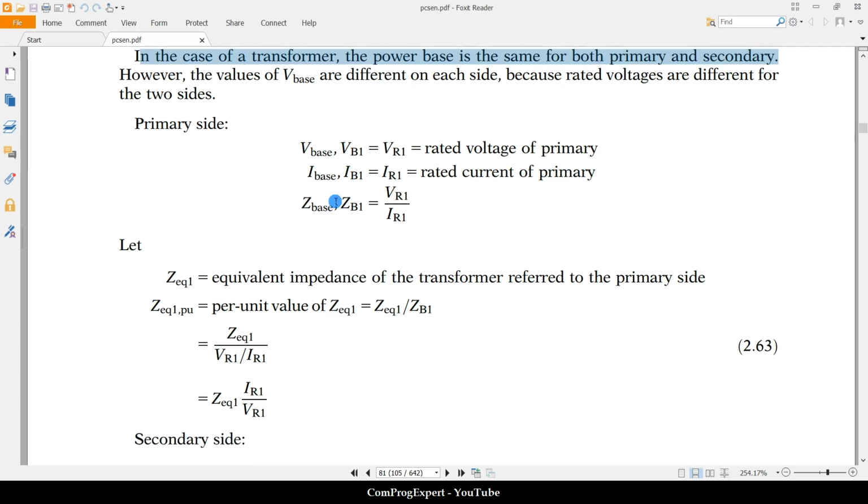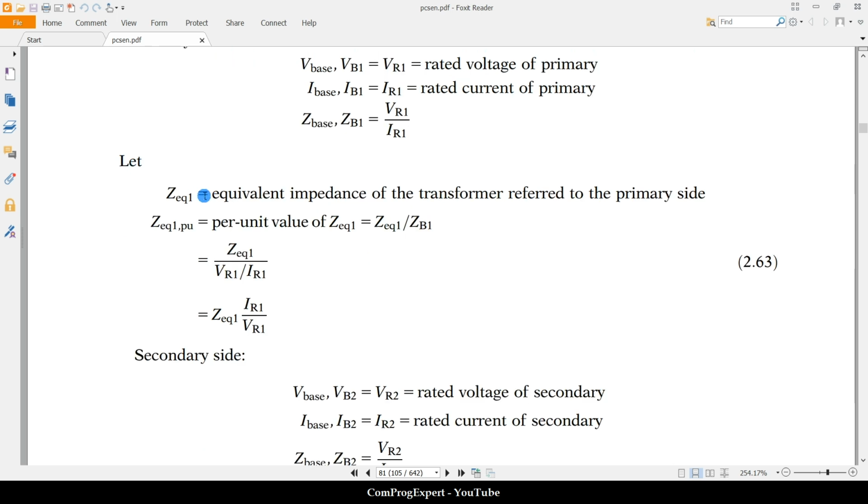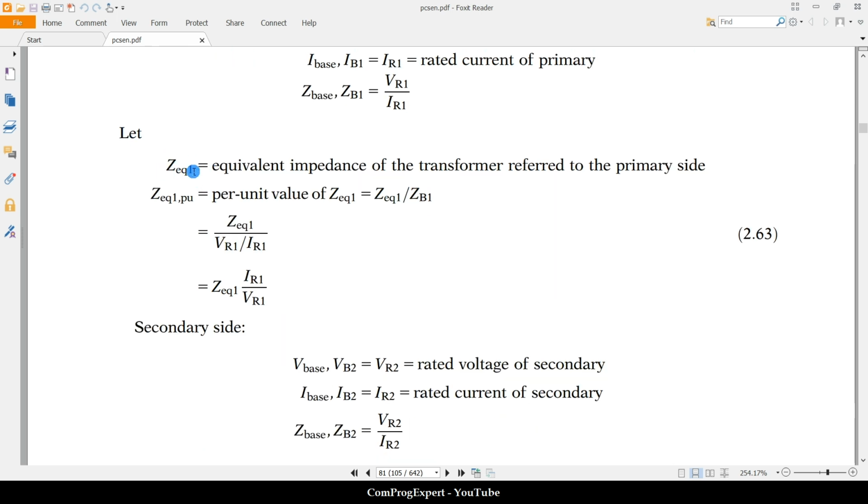Yes, we write V base 1, I base 1, and this is the base impedance for the primary. Z equivalent 1 is the equivalent impedance of the transformer referred to the primary side.